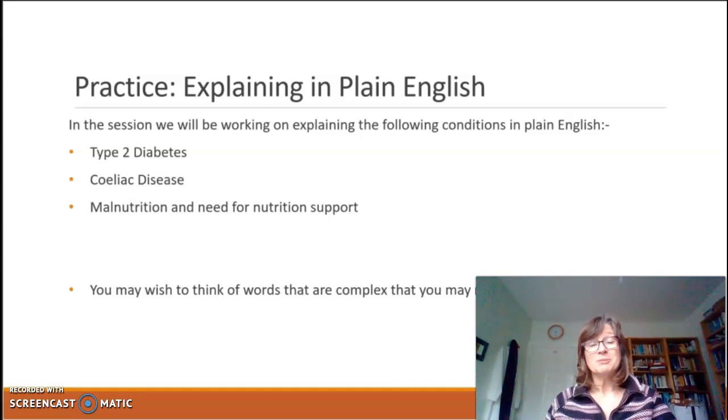We should be able to explain to them why they require nutritional support, what nutritional support is, and what supplements are. If you say supplements to most people, they think of vitamin pills. So we've got to be really certain that we're using words that are going to help people to understand what things are and how that relates to their need for making dietary change. So have a think, if you've got a moment, about some of the complex words you might use when explaining these conditions. We're going to do a little bit of work on those in the session.